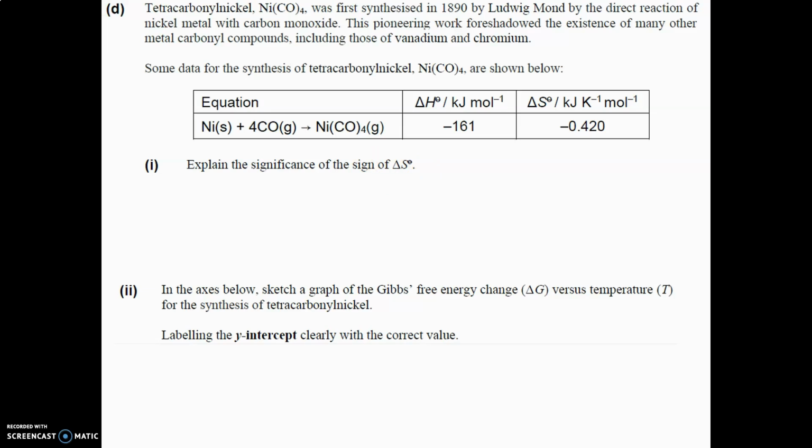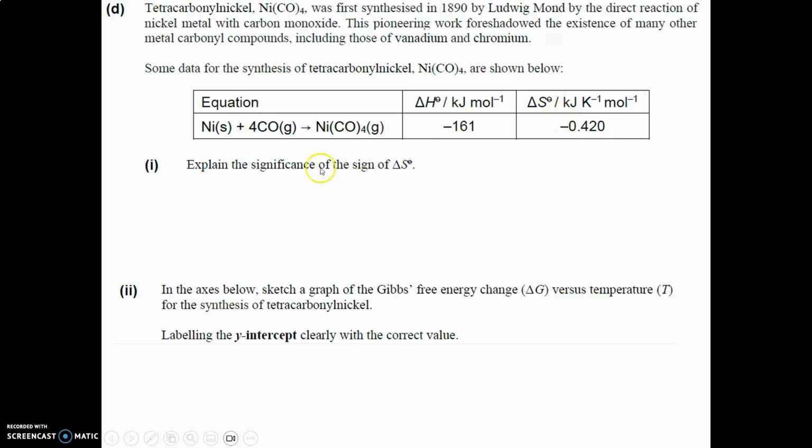If you have a positive value of delta S naught, it means that entropy change is positive, system has become more disorderly. And the opposite is also true if my value of delta S naught has a negative sign. It means that my system has become more orderly.